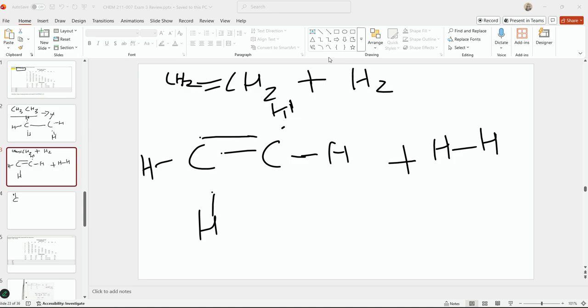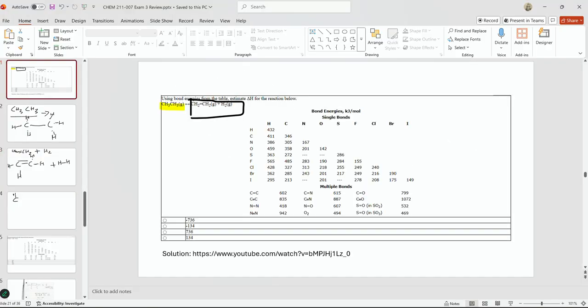So what is the energy of C to C? If you were to look at your table, what is the energy of C to C? 346. Are you guys seeing the table here? Is it 602?